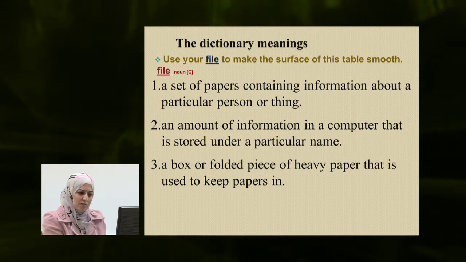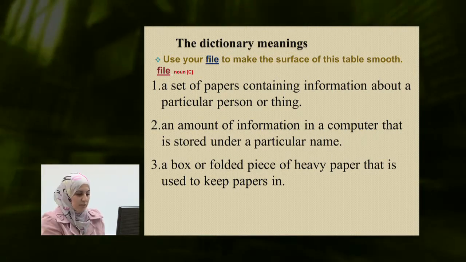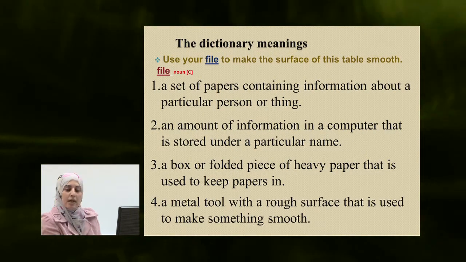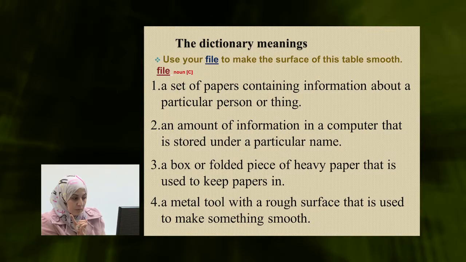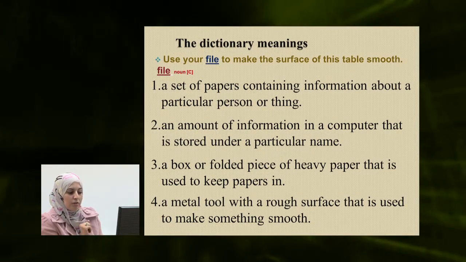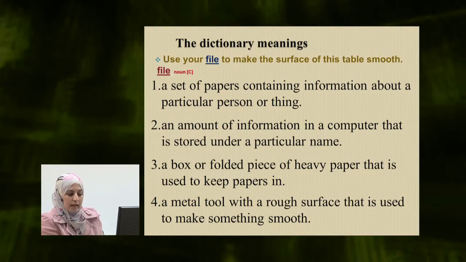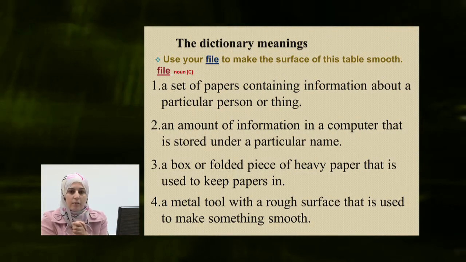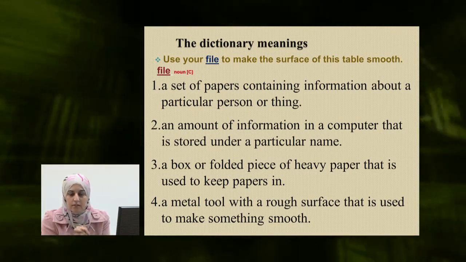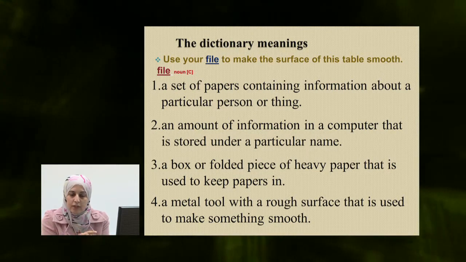Again, box, paper, doesn't work. Next, a metal tool with a rough surface that is used to make something smooth. Here it is. So here you find out that this is the meaning that you need for your sentence. You determine that this is the one.